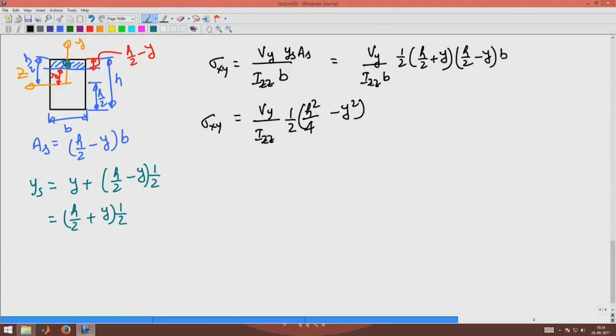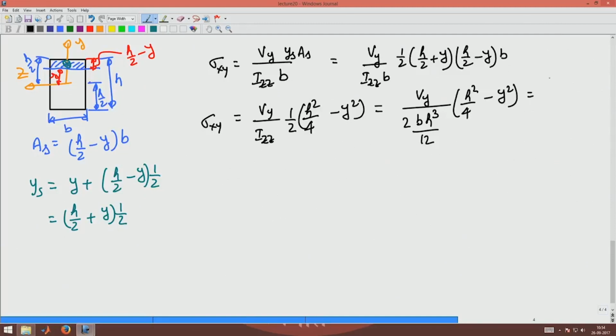Now, let us substitute for Izz, this will be Vy by B h cube into h square by 4 minus y square into 12 by 2. Let us substitute for Izz, it will now be this expression in here.